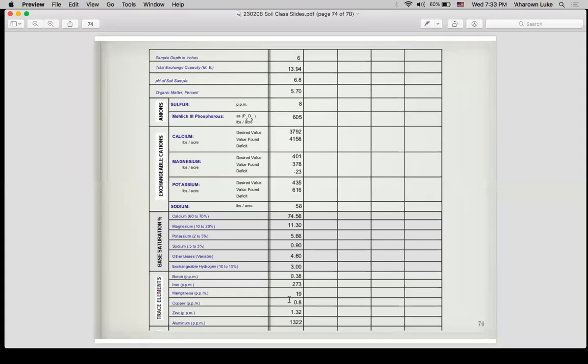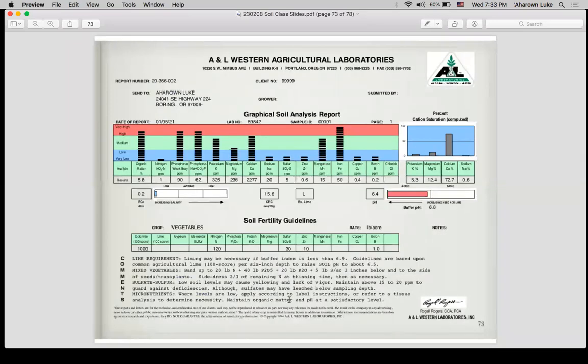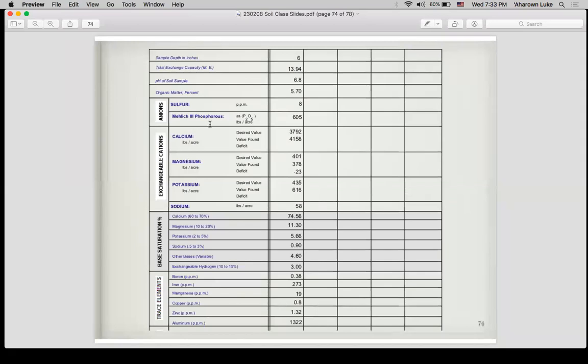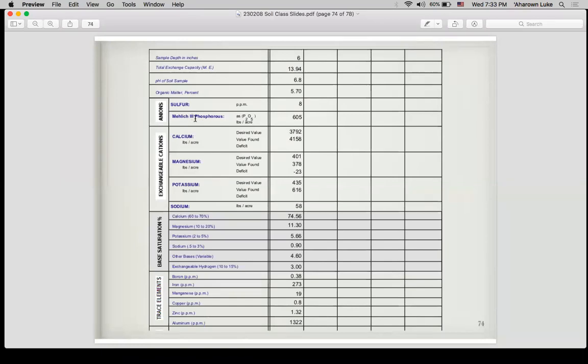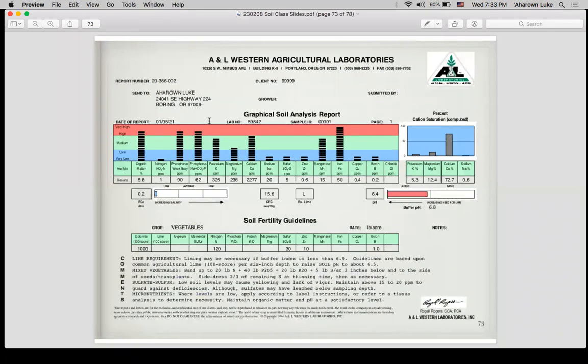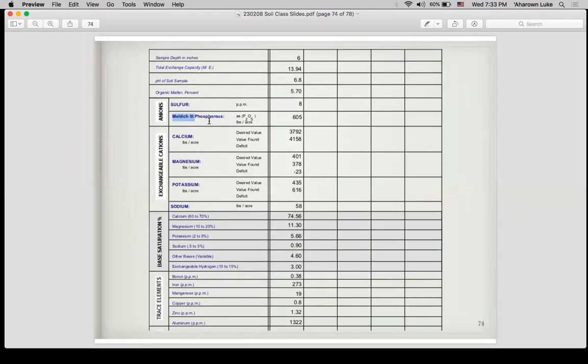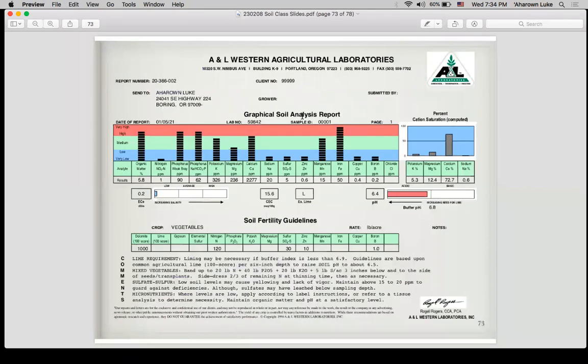Yeah, and then they have the phosphorus here. It's using this Mehlich 3 process, and that is different than how A&L does it. So those are some of the large differences. Steve is using this approach here, and you would get incorrect results using this parts per million here.